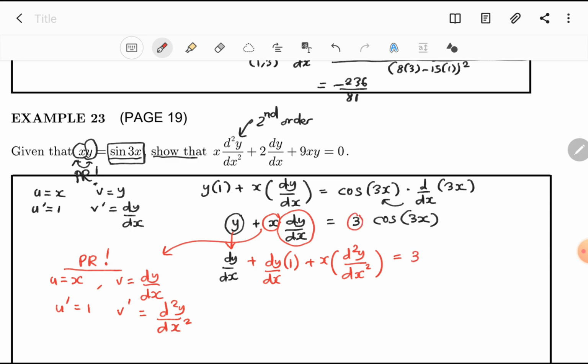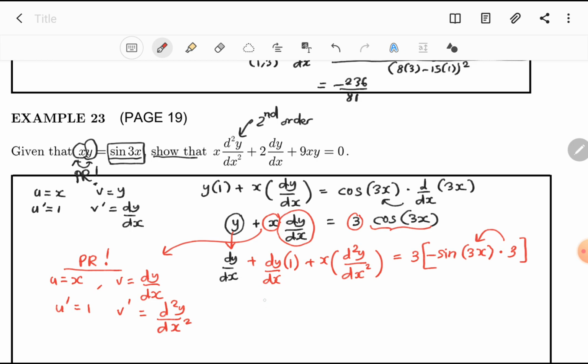3 is the coefficient. We need to differentiate cos 3x. Differentiate cos is negative sine, the angle is 3x. Next, we need to differentiate the angle, and the answer is 3.